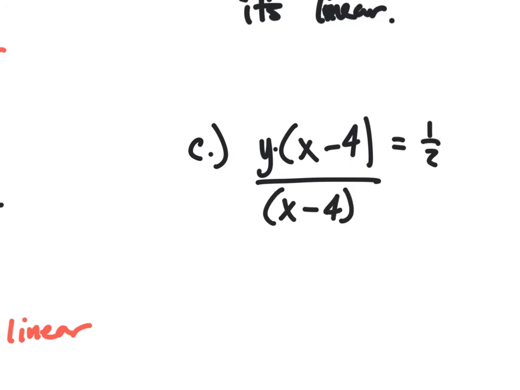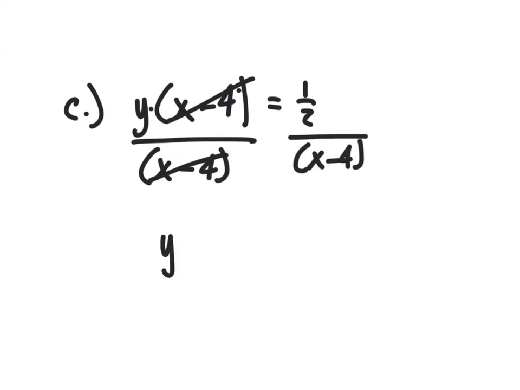I'm going to divide this over here by x minus 4. Now x minus 4 divided by x minus 4 divides out to 1. So you're left with y is equal to 1/2 divided by x minus 4.